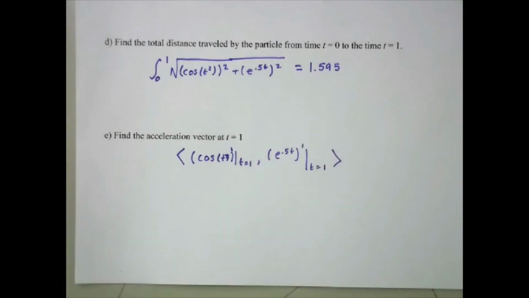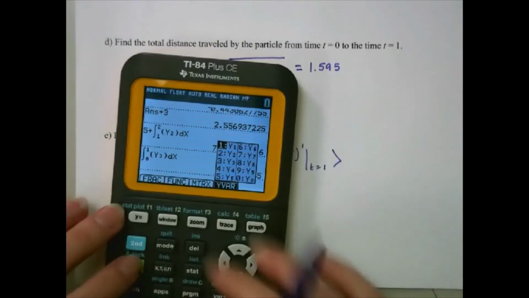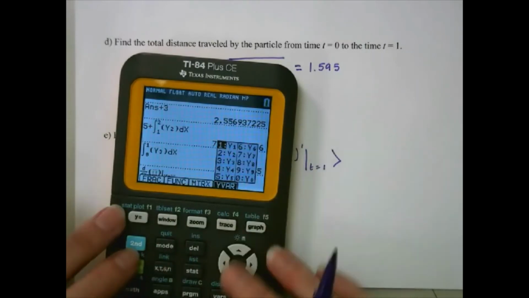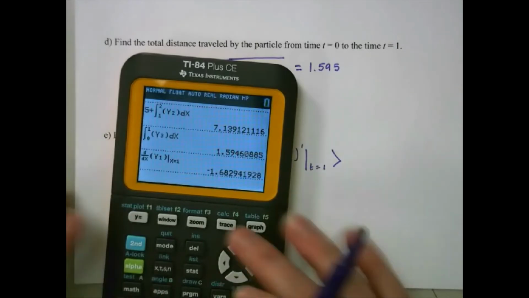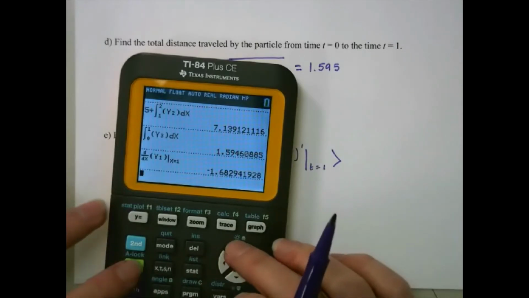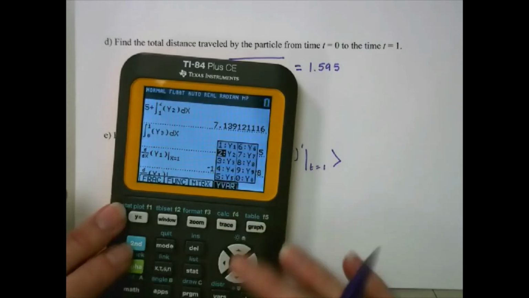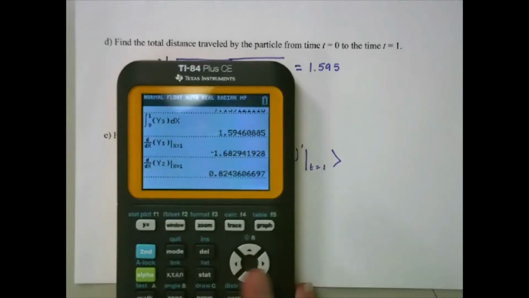Okay, but again, let the calculator do the work for us. So we're going to take the derivative of y1, and we're going to evaluate that at 1. We're going to do the same thing. So I'm just going to grab this and change that to y2. And those are our coordinates.